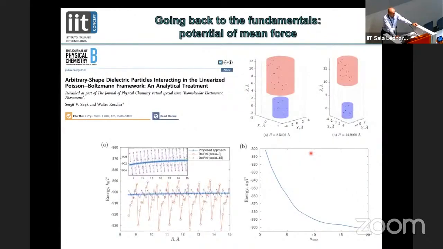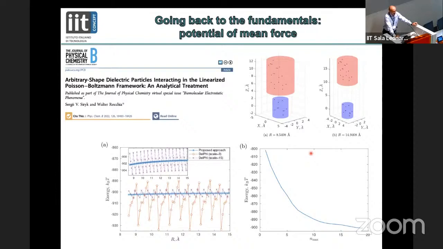And we also observed something which is interesting. At that time, we weren't able to include the molecular surfaces into the analytical code of Sergi. Now we can. I will talk a little bit later, but we can put inside our objects the charges whenever we want, wherever we want.